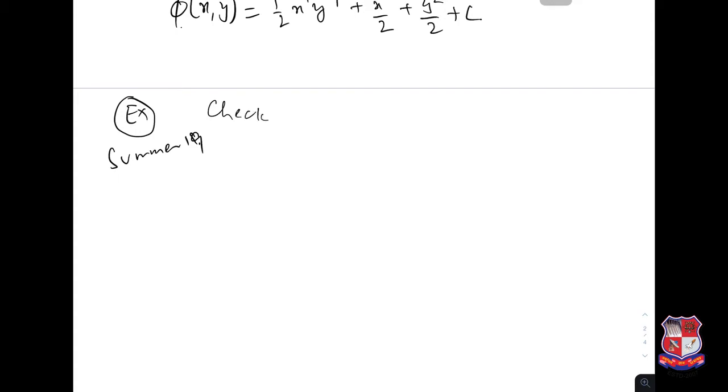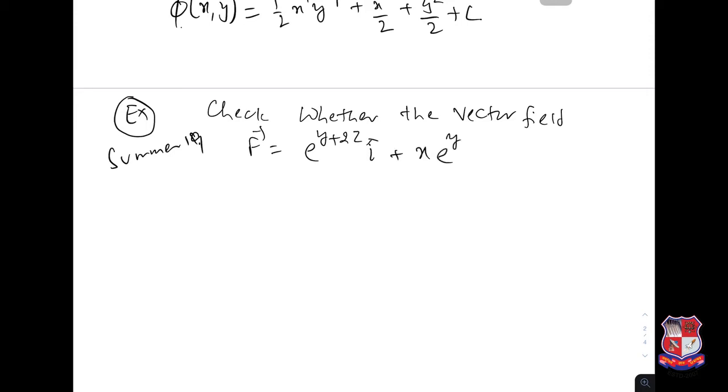Check whether the vector field f, this is e power y plus 2z i plus x e power y plus 2z j plus 2x e power y plus 2z k, is conservative or not.